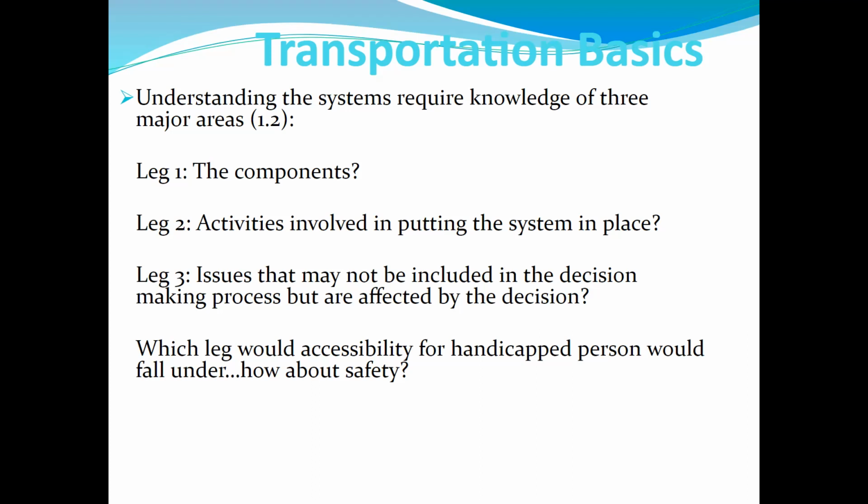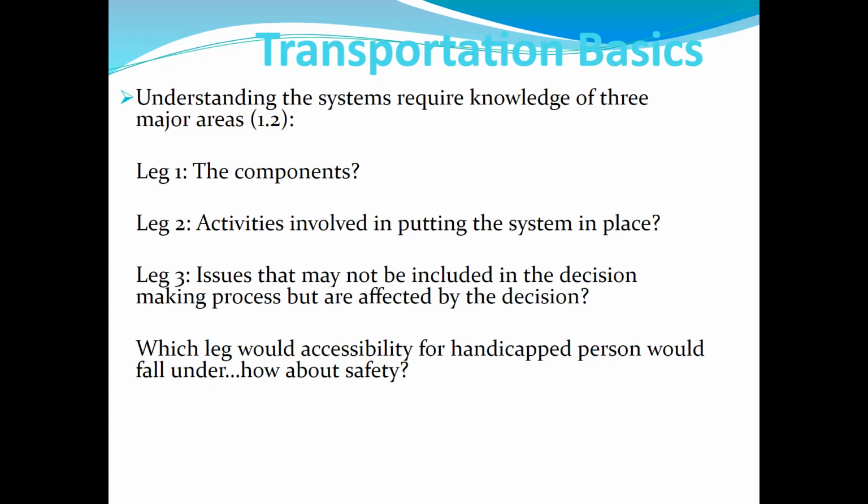And that brings me to my next point. Thinking about accessibility, for example, accessibility for disabled individuals, where would that fall under? How about safety of the transportation system? Initially, we thought about the accessibility piece as something of a leg three issue. We used to think about that after the fact, after we built the interstate highway system and a lot of our transportation system in this country.